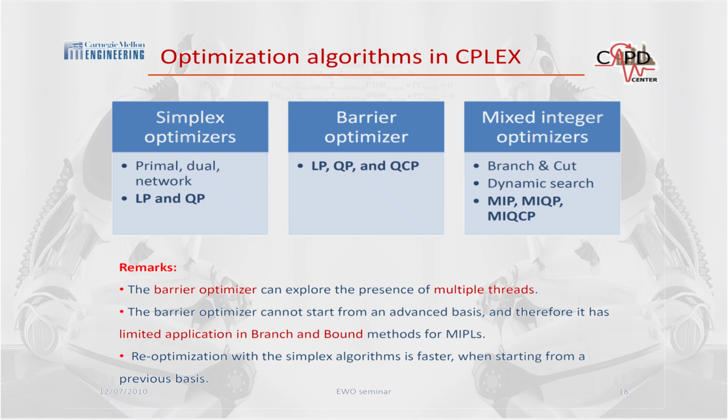Barrier optimizers can scan multiple threads simultaneously, and they cannot start from an advanced base and therefore have limited application in processes of multiple cycles of similar problems, as is the case of the MIP solution using branch and bound. It should be noted that re-optimization with an exterior algorithm, like simplex, is faster when starting from a previous basis.